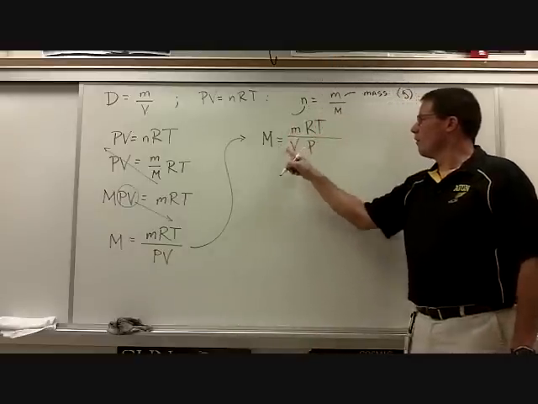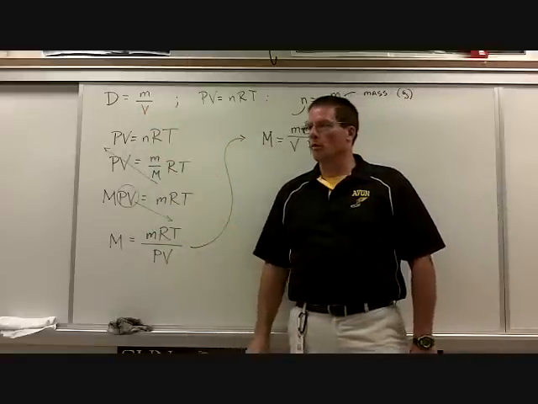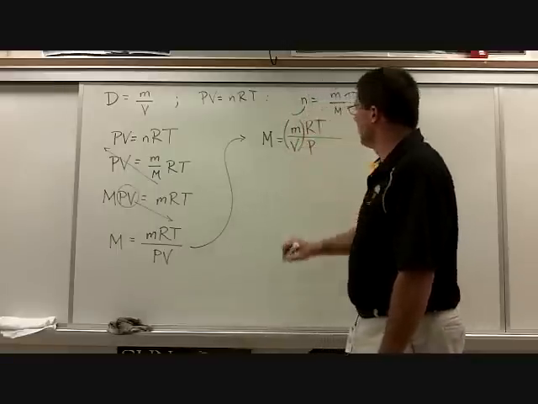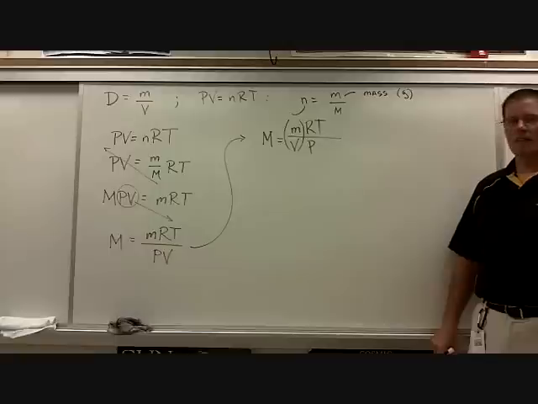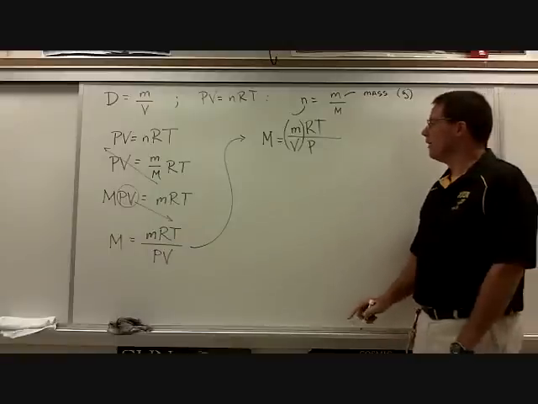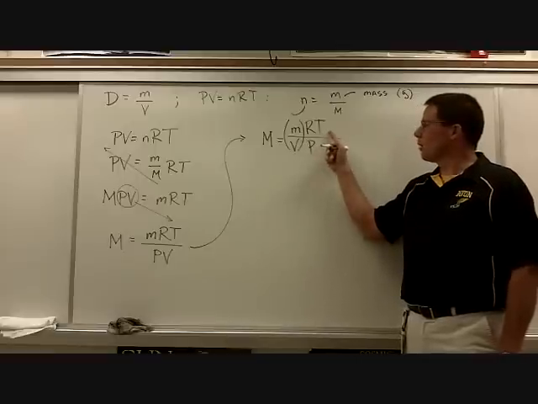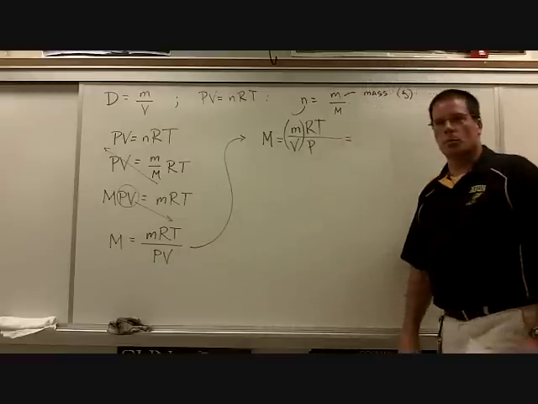So now I've got M over V, which is density. That makes them a little more comfortable. If we want to make them happy, let's put them in their own room. Now we're going to get results, all right? So we've got our density, we've got our pressure, and our temperature. We're almost home, guys. Plug it in.